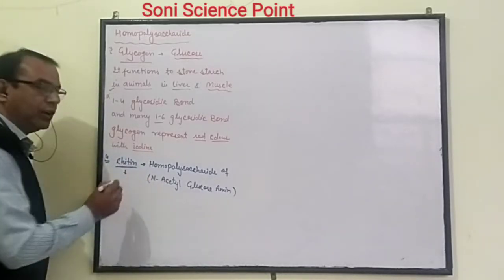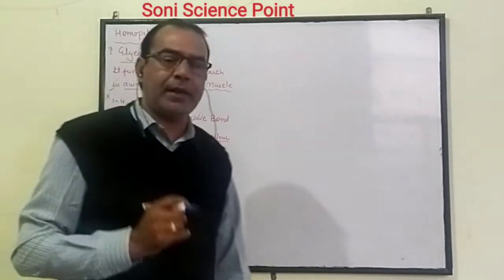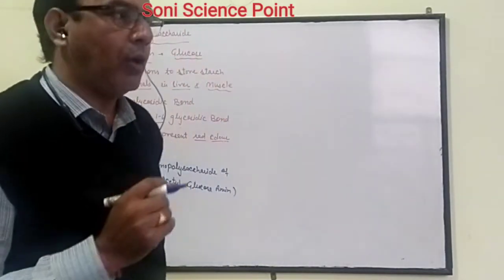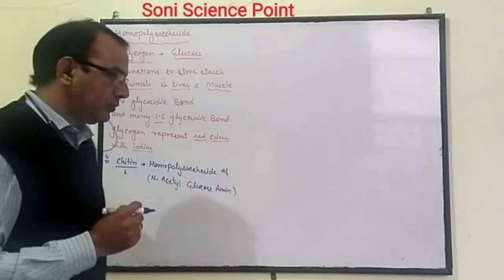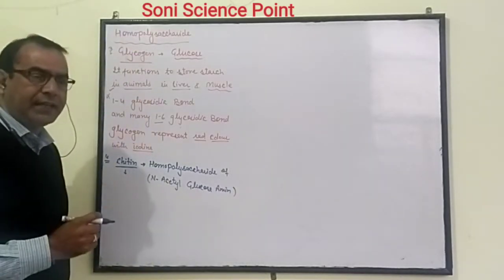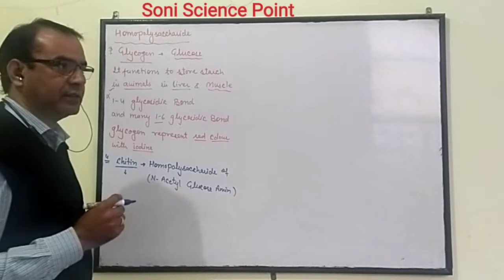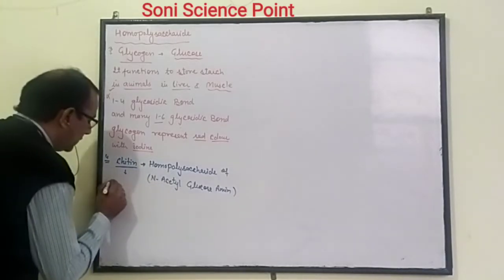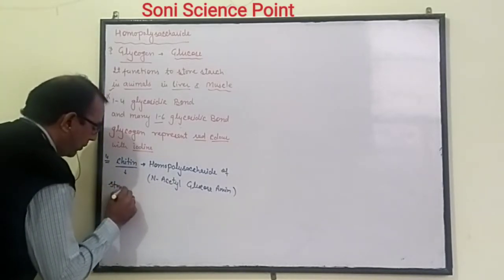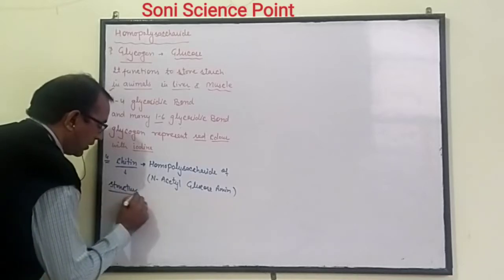What is the function of chitin? Chitin represents the structure of the cell wall in fungi as well as the exoskeletal system in arthropods. Structural, it helps in the formation of structure.